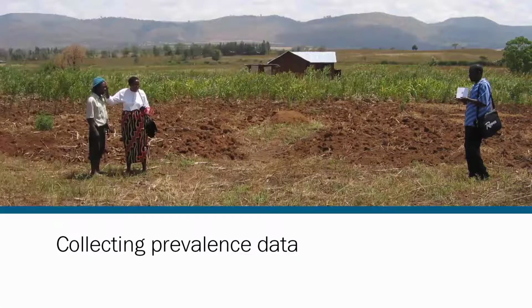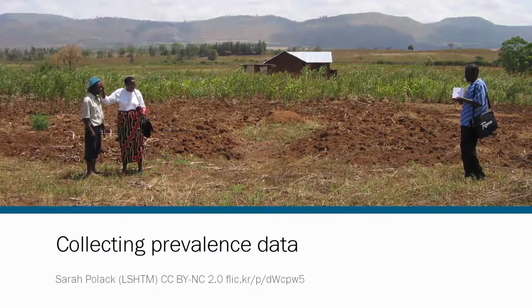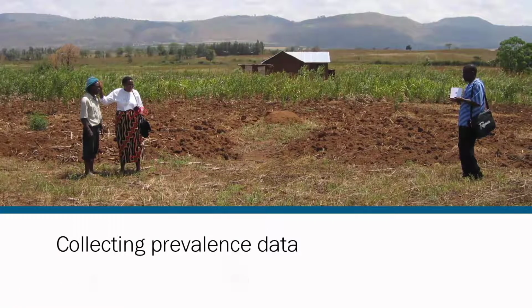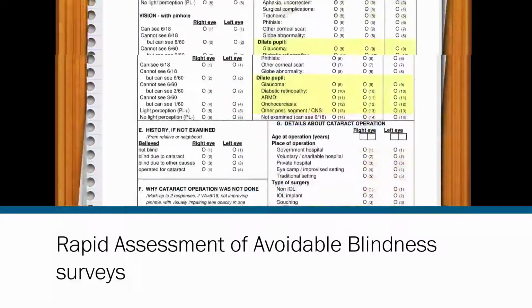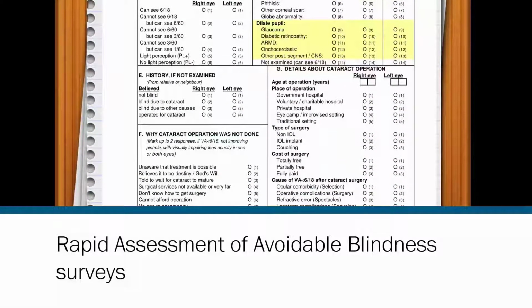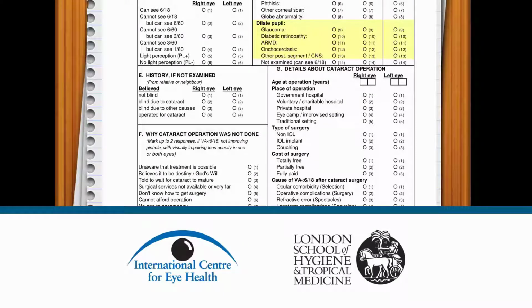Collecting prevalence data. National eye health plans should collect data on prevalence of visual impairment through Rapid Assessment of Avoidable Blindness, or RAB surveys. RAB is a rapid survey methodology developed by the International Centre for Eye Health at the London School of Hygiene and Tropical Medicine.